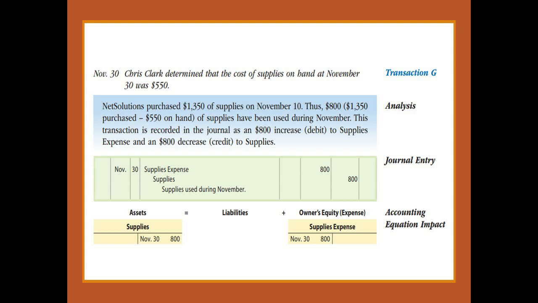This transaction is recorded in the journal as an $800 increase or debit to sublease expense and an $800 decrease or credit to sublease. The accounting equation impact: assets equal liabilities plus owner's equity. Sublease decreased $800, sublease expense increased $800.